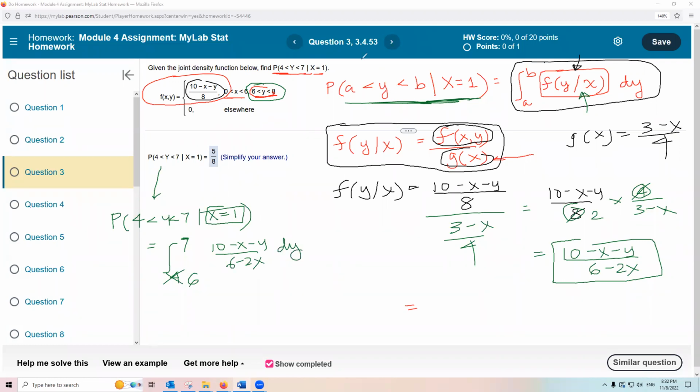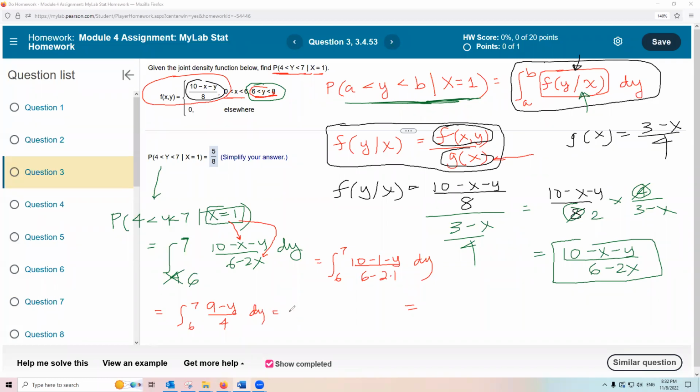So I can plug in x equals 1 here. All right, so here's what I got. The integral from 6 to 7 of (10 minus 1 minus y) over (6 minus 2 times 1) dy. I just replaced the x with 1. So we get the integral from 6 to 7 of (9 minus y) over 4 dy.